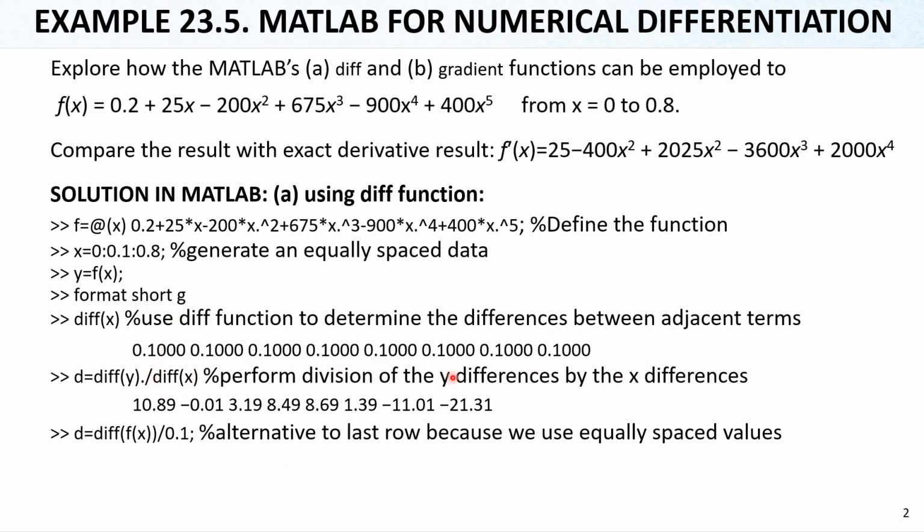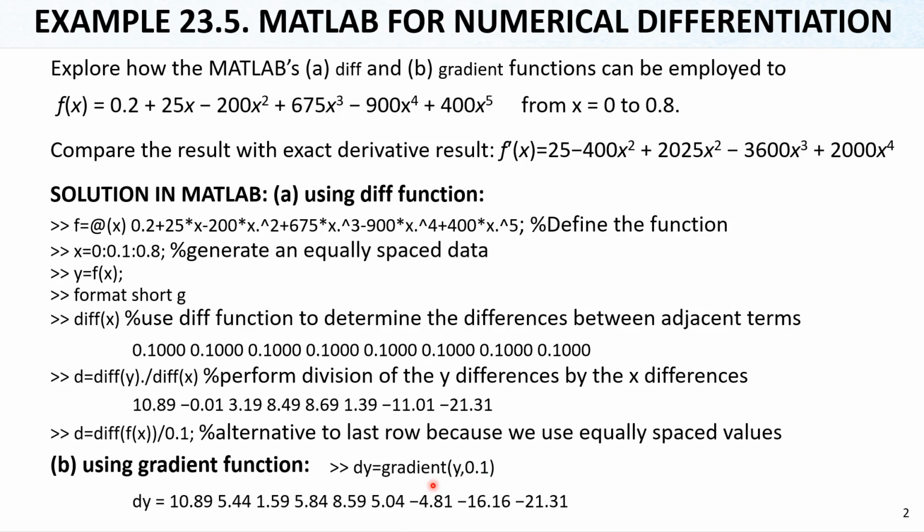You can see here, just use 0.1 instead of using this vector. When you use equally spaced data, you can simply use h here for division. Let's use the gradient function as well. When you use gradient with 0.1 spacing for the y functions, it will give us similar results, as you can see here, but a little bit different.